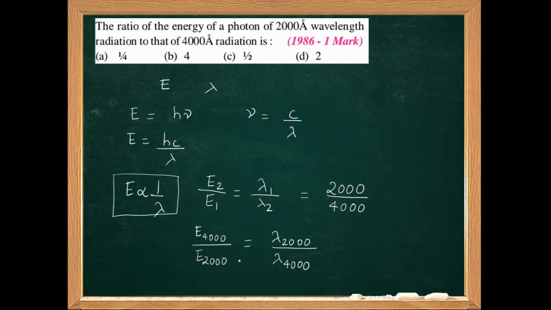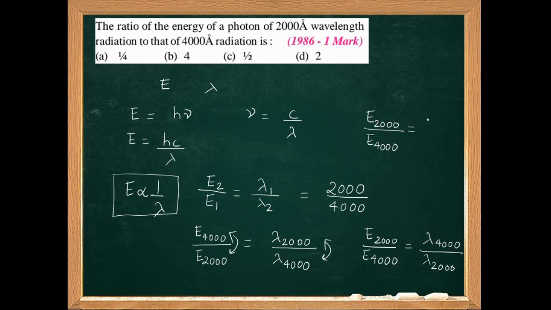So I'll have to take a reciprocal of this, and I will also have to take a reciprocal of the right hand side too. This will be wavelength of 4000 upon wavelength of 2000. So energy of 2000 upon energy of 4000 is equal to 4000 upon 2000.